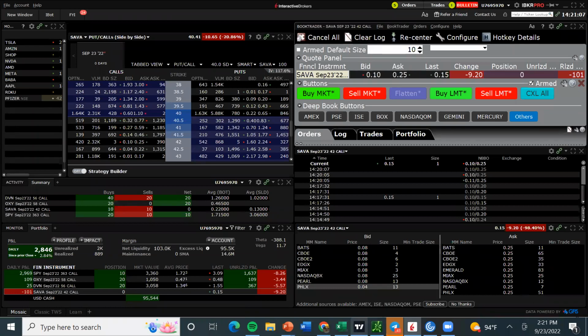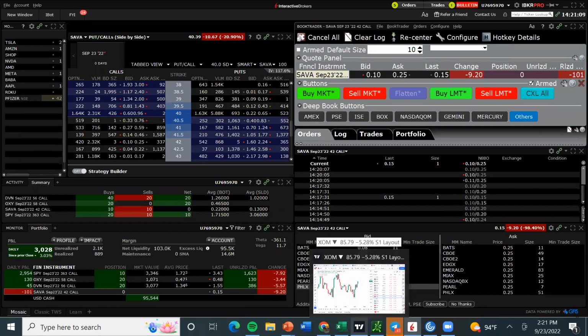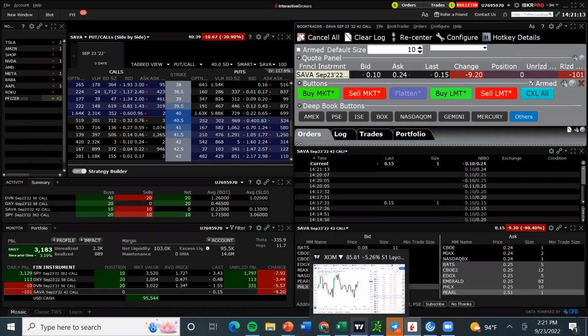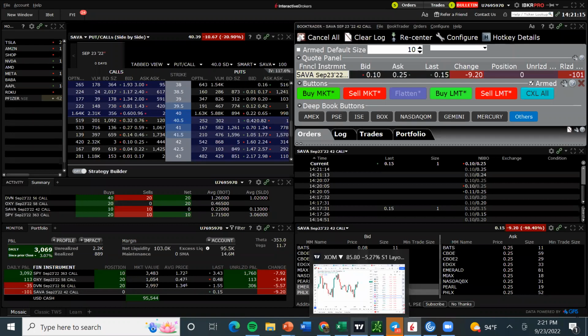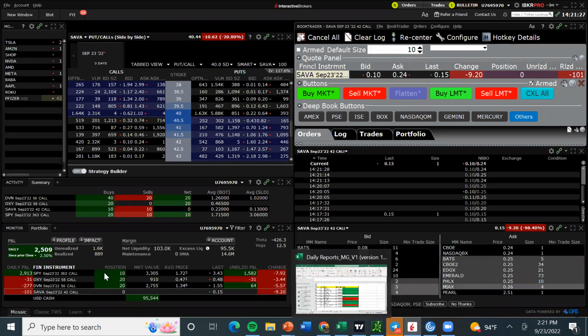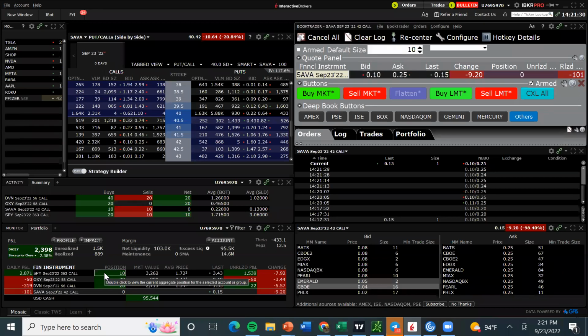For DVN, there is a resistance around 57.5. That's why it is coming down again.